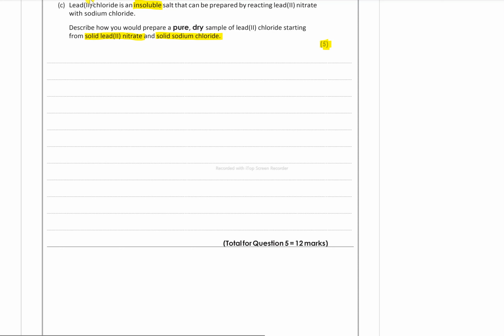Right, step 1. Because they've given you solid and solid, we need to dissolve lead nitrate and sodium chloride in water.